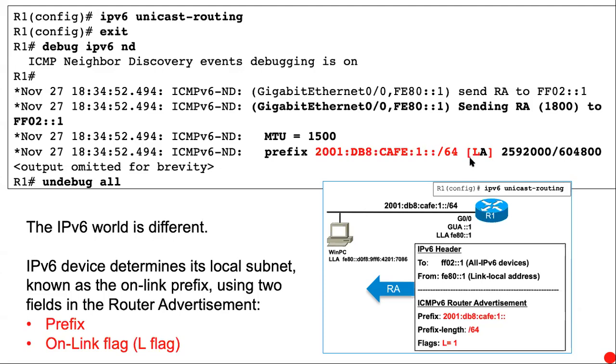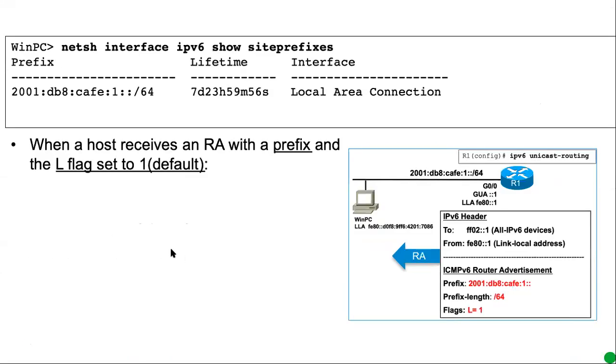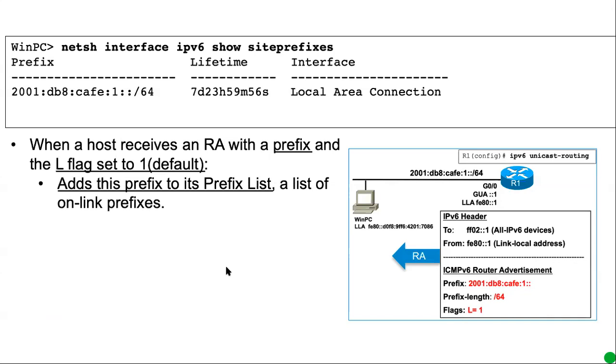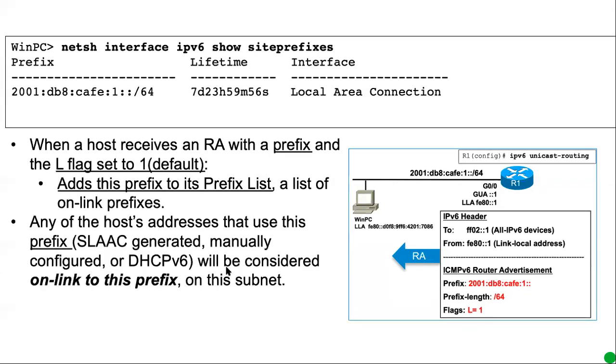So when a host receives this, for example our Windows host here, our WinPC, it can actually do netsh interface ipv6 show siteprefixes. That's a mouthful. And it will show that, yes, it learned from the router advertisement that this prefix is its on-link prefix. So we'll add this prefix to its prefix list.